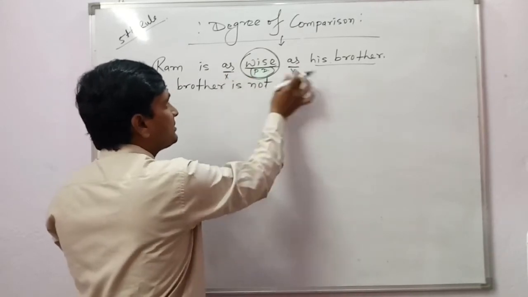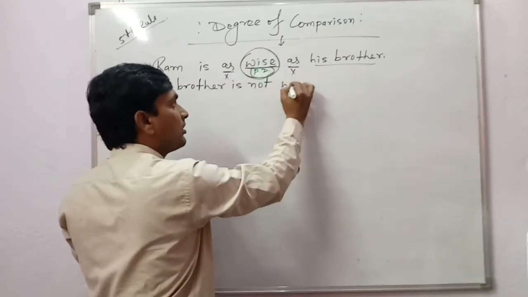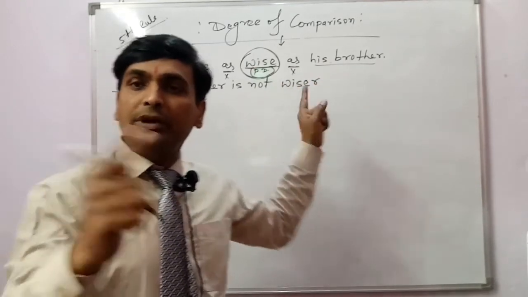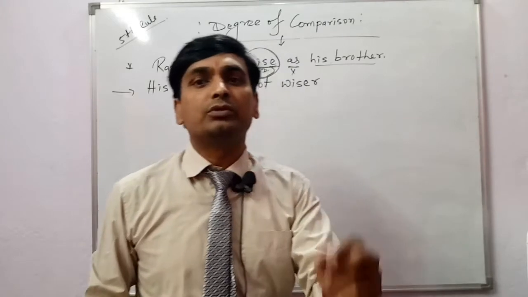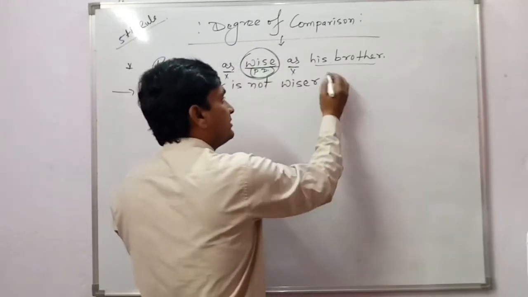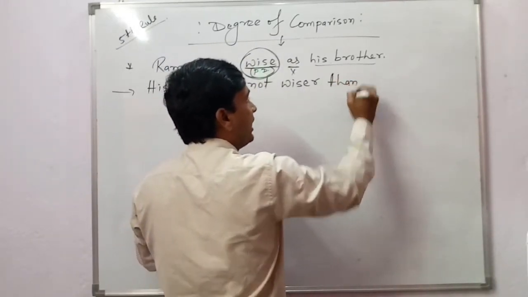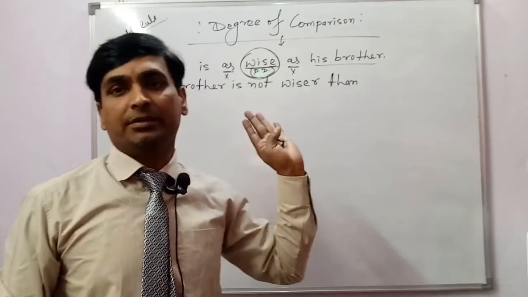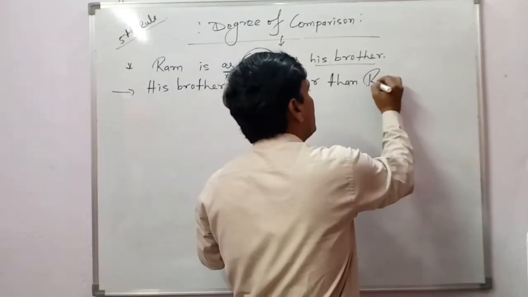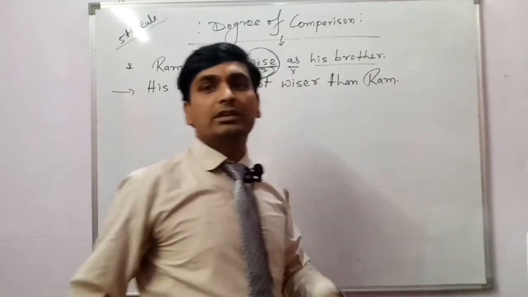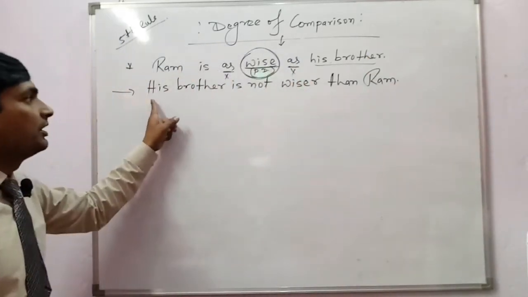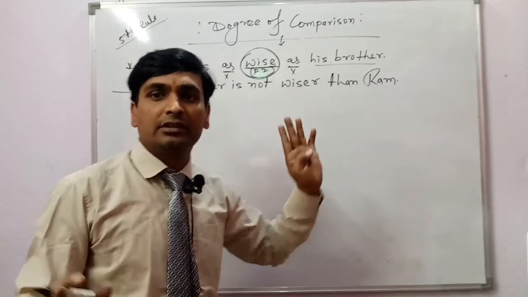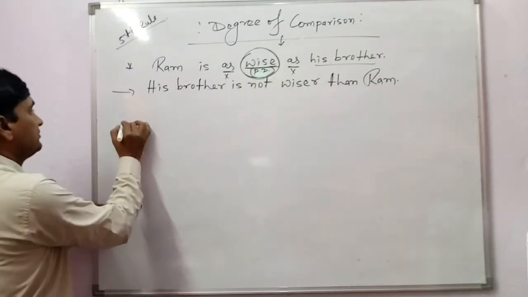So I am just removing as, and wise will become what? Comparative wiser, right? And after comparative degree there is a rule that you have to use what? Than. So wiser, and then what? Than. And then the first noun you have to write here the very same. So here I am writing Ram. So students, now your sentence has been interchanged. His brother is not wiser than Ram, right? Now let's take one more example.